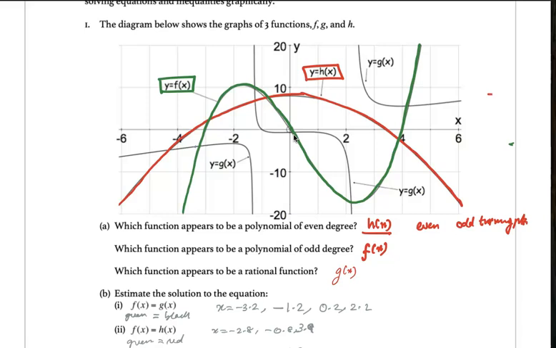Like 0.2, 0.1, yeah, 0.2. Up to 2, 2 on the dot. 2.2, correct? 2.2 or 2.1, whatever you call it.